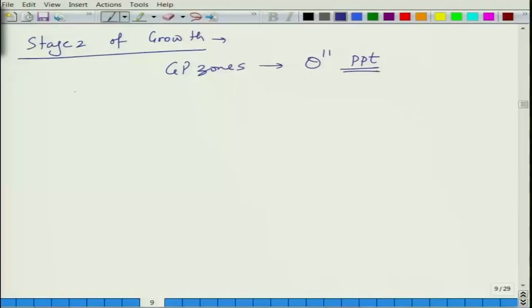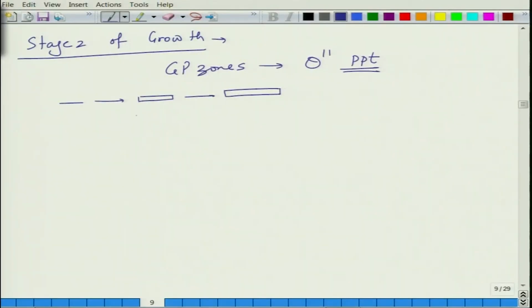So these discs become a little thicker with time. Something like this they are growing. Eventually, because there is a driving force for the growth to occur, because more and more copper wants to come out, there is growth. But you form what we call theta prime, which is not yet CuAl2, but reaching somewhere there.